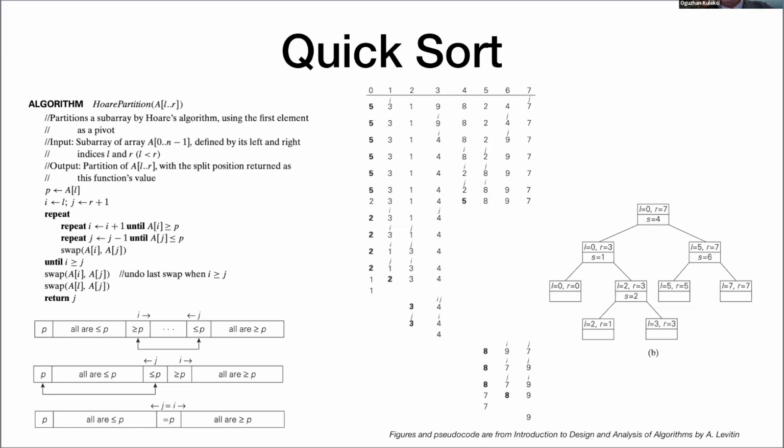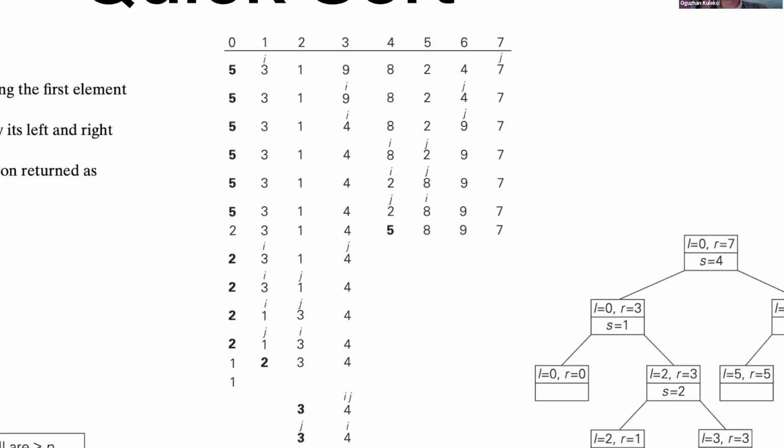Best understood with an example. So let's try to focus on this one. So pivot is 5. I is here. One moment, please, I will try to make it bigger. Better.